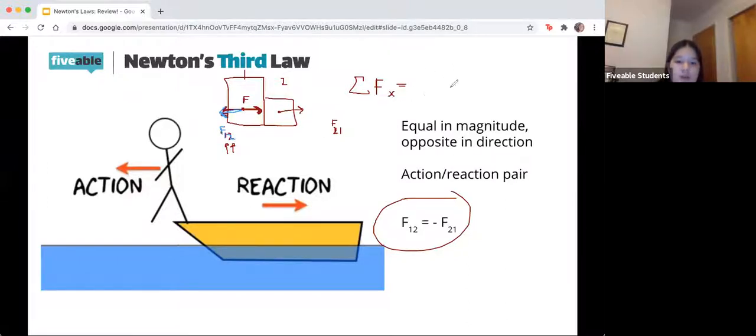And another notation thing, I always get this question: the sum of the forces is the same thing as net force, and the resultant force. It's all the same thing.